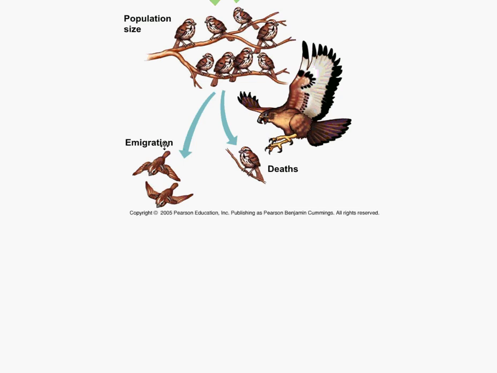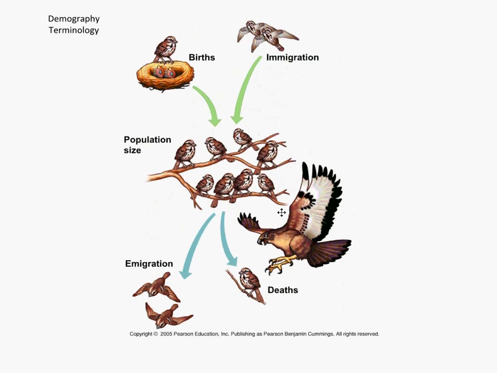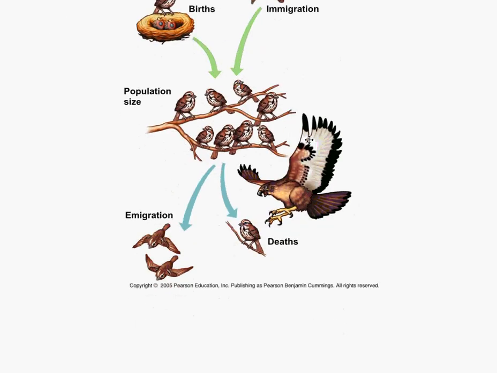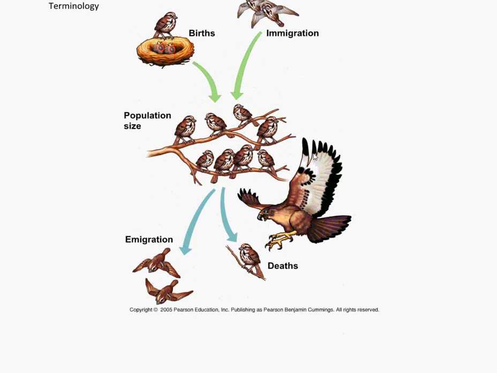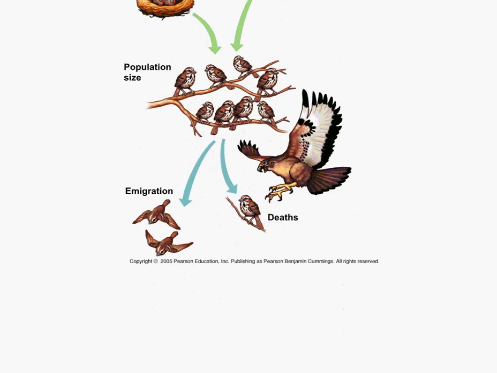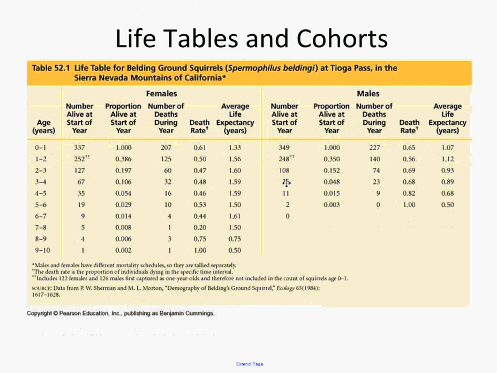And so if you look at the birth and immigration as a single number and death and emigration as a single number, you can compare those two numbers to see if a population is growing or not. Usually tables like this called life tables can give you some indication as to how a population is growing or declining and some other things going on here.